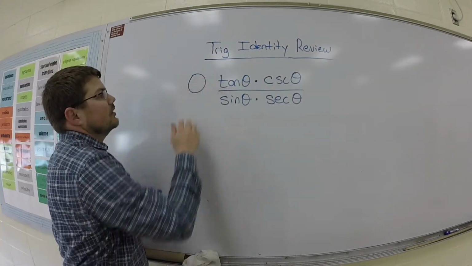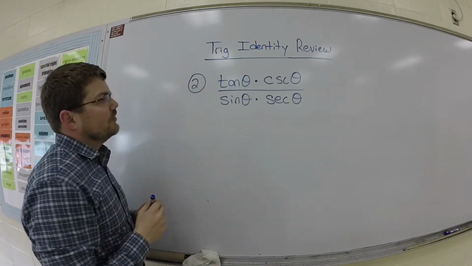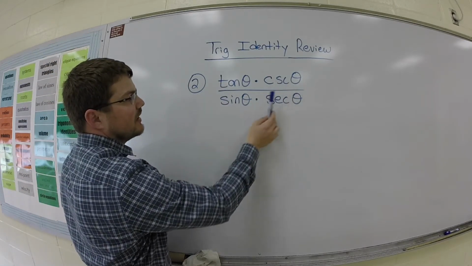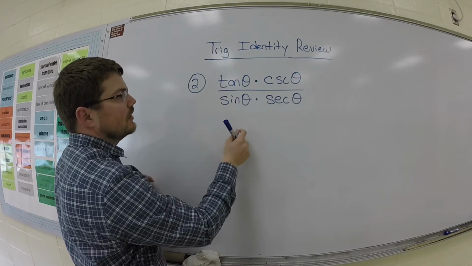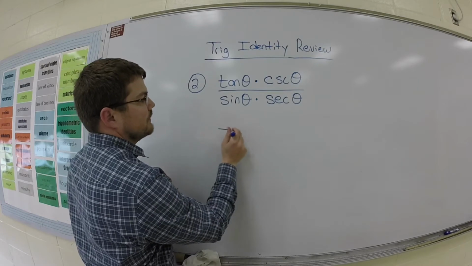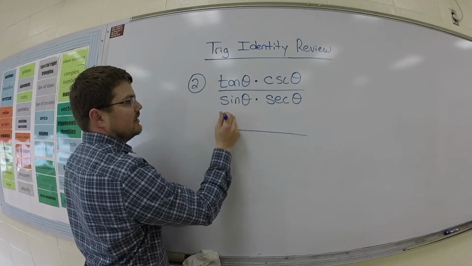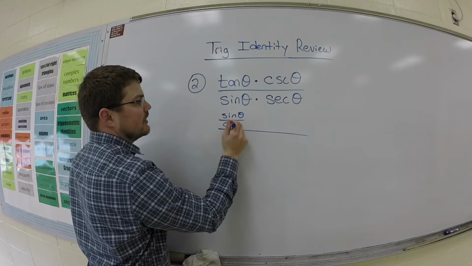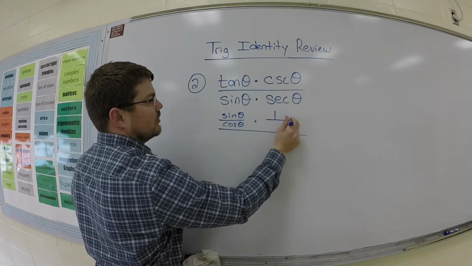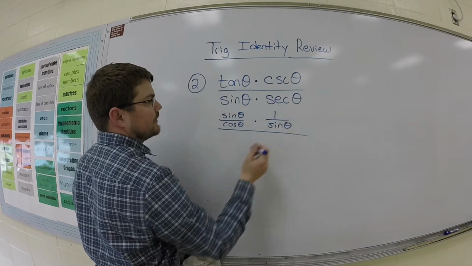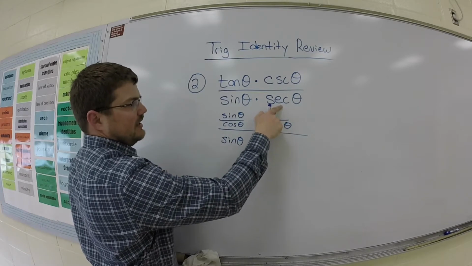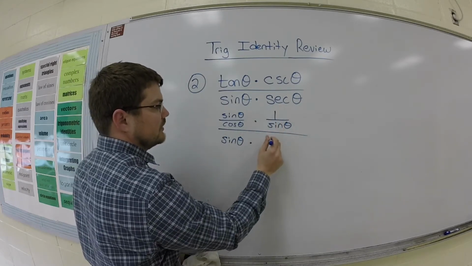Okay, number 2 says, which of the following is equal to tan theta times cosecant theta divided by sine theta times secant theta? So we're going to change tangent, cosecant, and secant. Tangent is sine theta over cosine theta, times cosecant, which is 1 over sine theta. Sine theta, leave it, times secant, which is 1 over cosine.